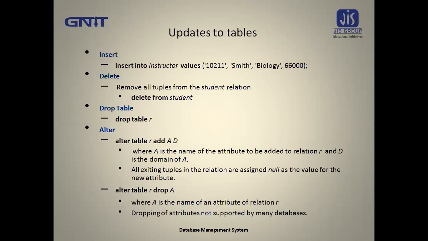Now, how we put values in the tables, how we delete them, how we insert and update values, that is our next goal. The first command is inserting values, and it is pretty simple. Insert into instructor values, and within brackets you write the values. All the strings will be inside single quotes.